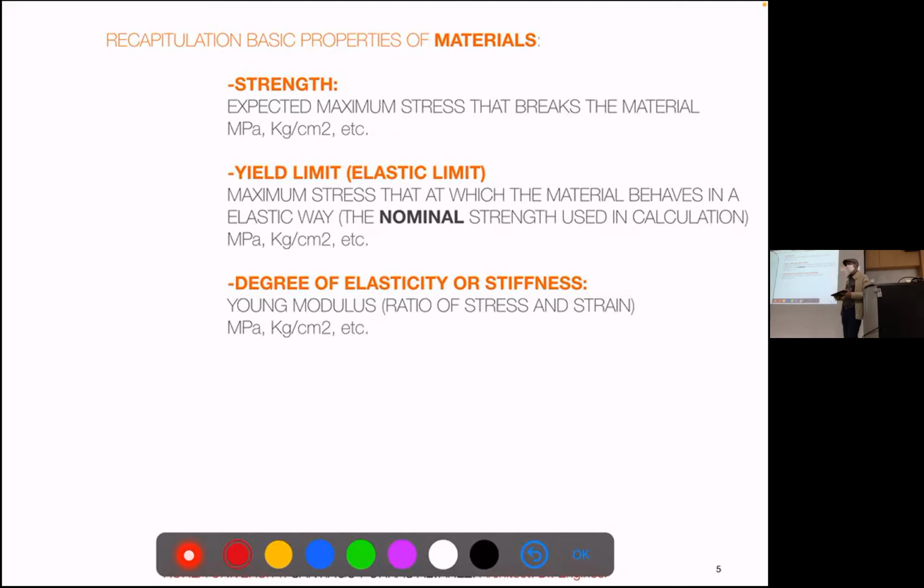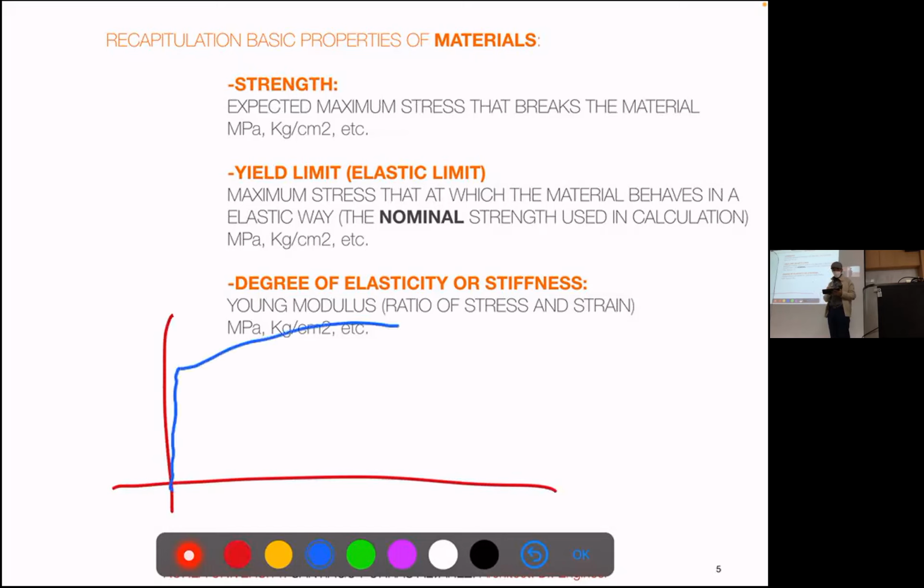And then the degree of elasticity, or stiffness, is what tells us not when the material will break, but how much it will deform under stress. We recommended materials, and I saw the videos last year, and we had a bit more time. We have aluminum, some alloys as strong as steel. Why don't you use them? Because if steel is like this, right?